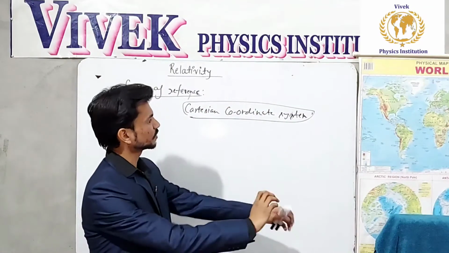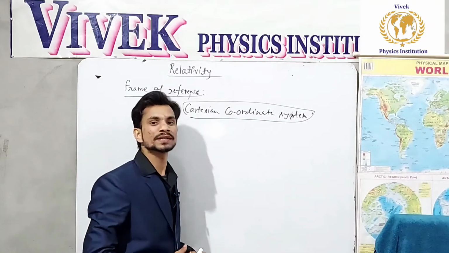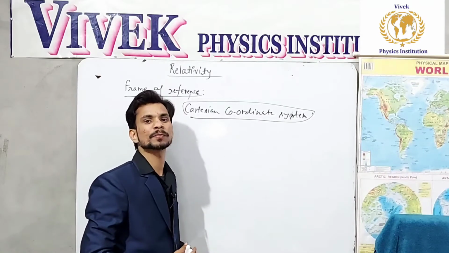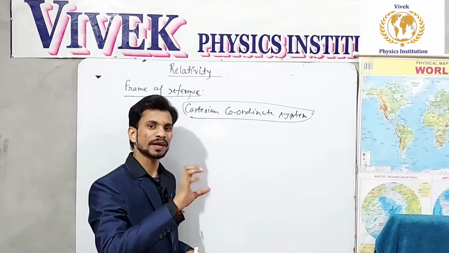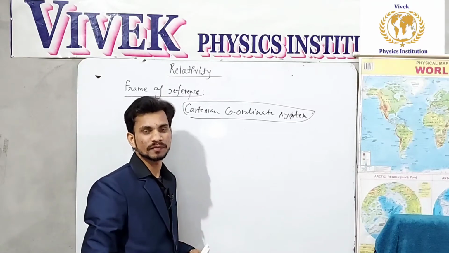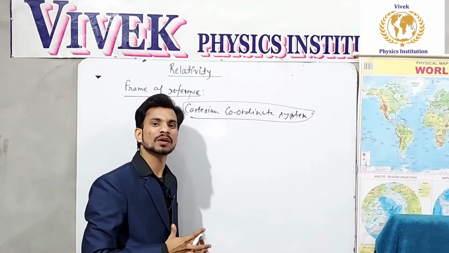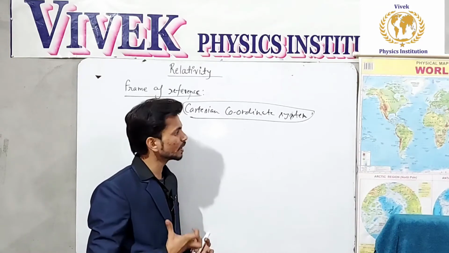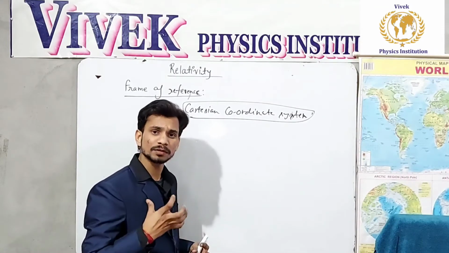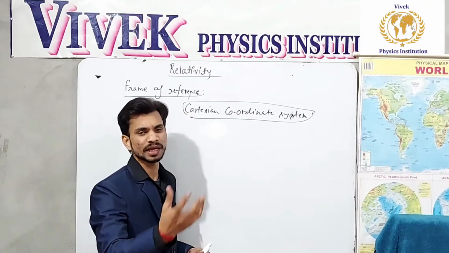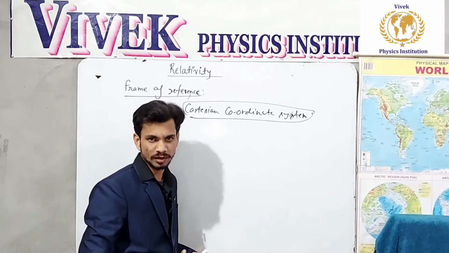It is a very simple thing that you can understand any phenomenon or any event by expressing that particular event in terms of some coordinates. We are very well aware of the coordinate system. There are three axes, x, y and z, which are mutually perpendicular to each other.